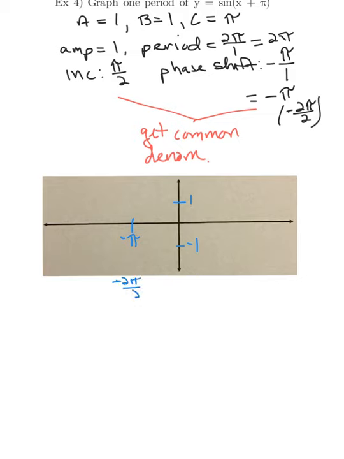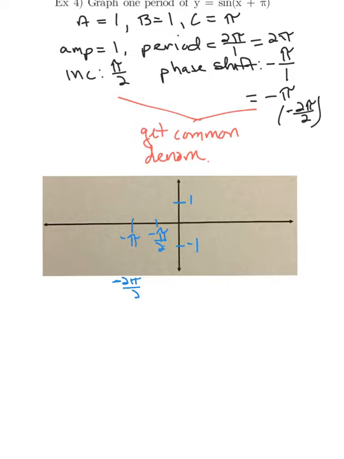And we want to add 1/2 to do our increments. So negative 2 over 2 plus 1 over 2 is going to give me negative pi over 2 for my second label.